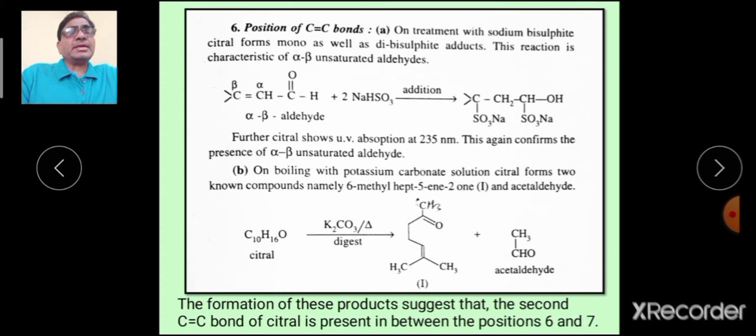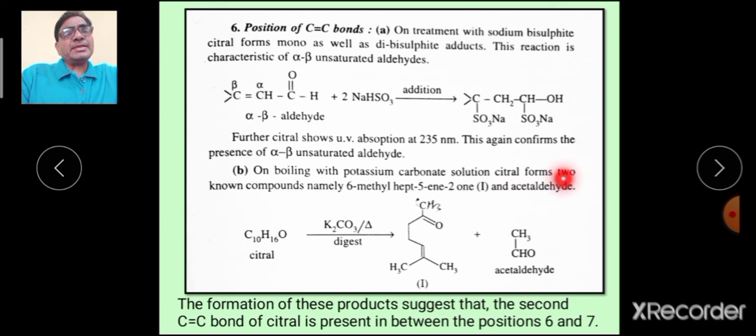Second reaction: on boiling with potassium carbonate, K2CO3 solution, citral forms two compounds, namely 6-methylhept-5-en-2-one. The position of the methyl group is 6, the position of the double bond is 5, and the ketone group is at the 2 position.